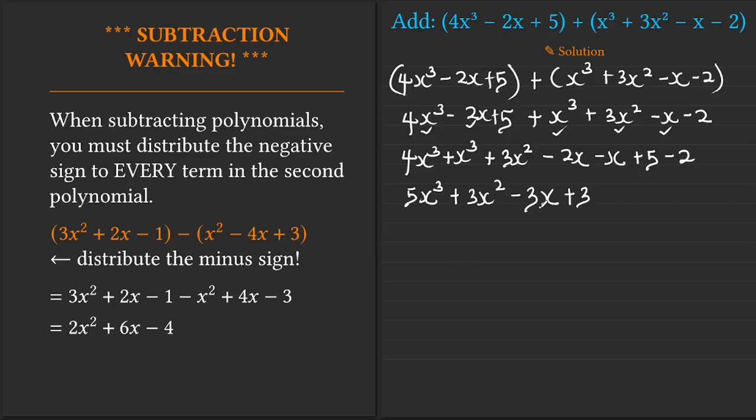Okay, so this is if you actually want to take your time and group like terms. But there's another simple one which I'll illustrate in a moment. So for the other one, we have 4x cubed, then minus 2x plus 5, and we want to add it to x cubed plus 3x squared minus x minus 2.